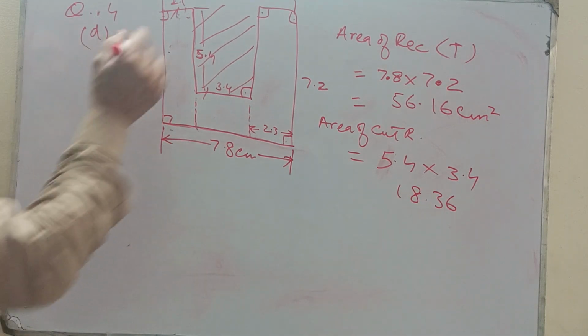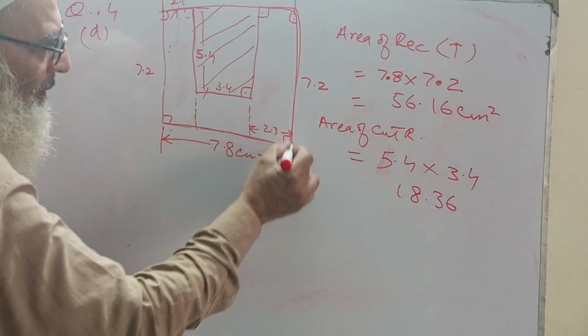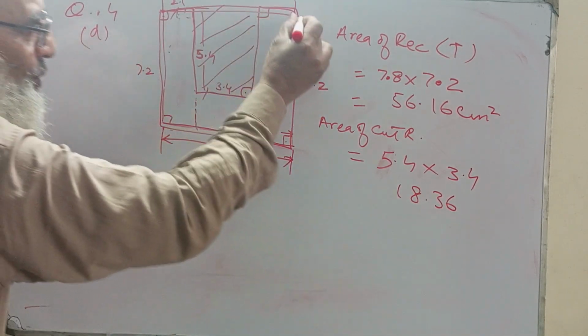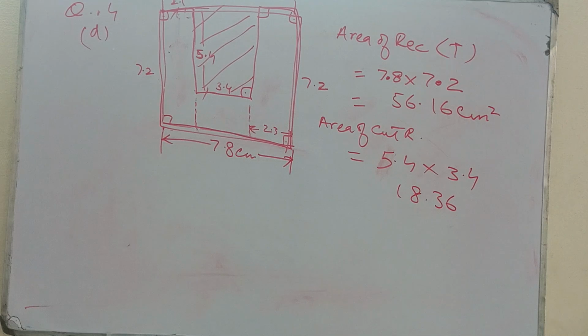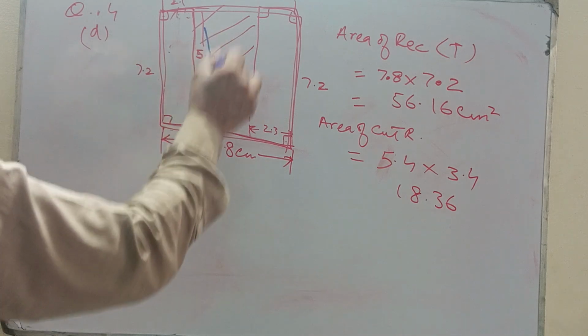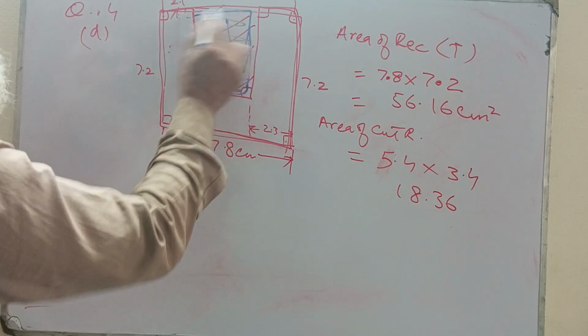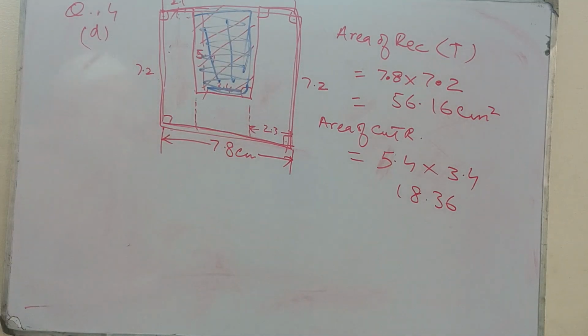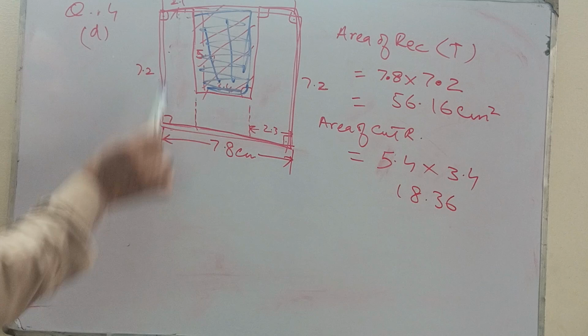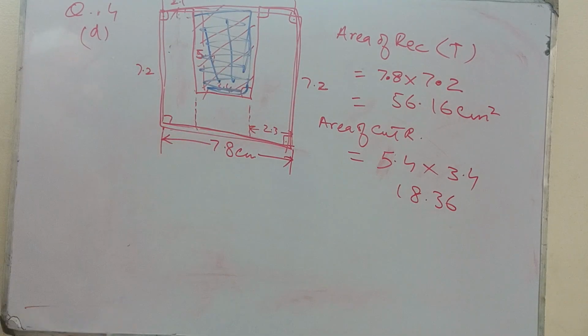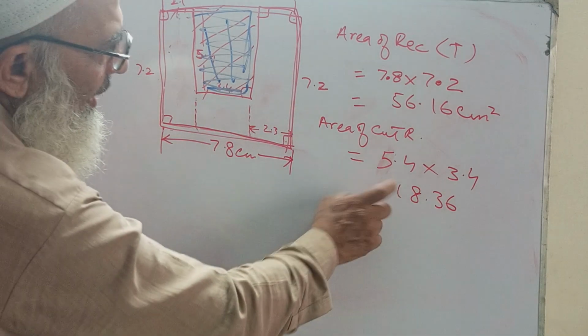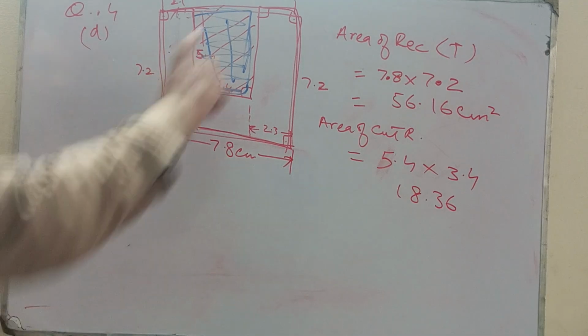Now this was the whole rectangle, from which we have cut a piece, and that piece that has been cut is this one. If I color it, this has been cut out. So we will minus the area which has been cut out from the whole rectangle. Now it is 18.36, the blue one.